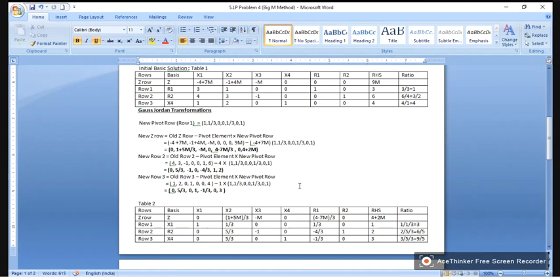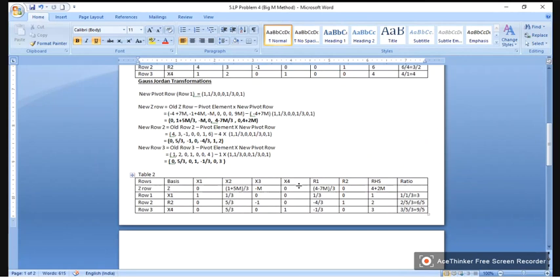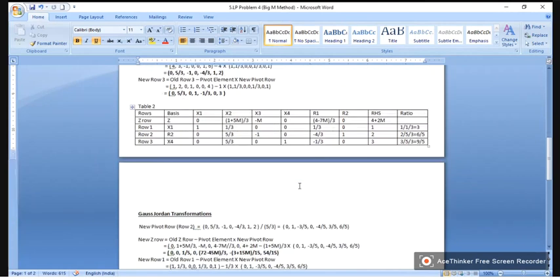After preparing, let us consider that we got table 2. In this table 2, we have to decide whether there is a non-basic variable which can enter the basis.